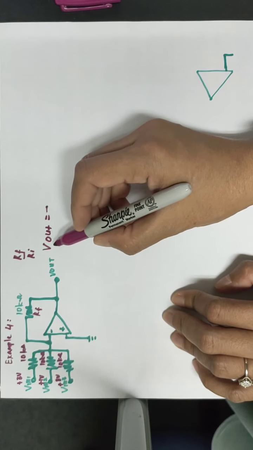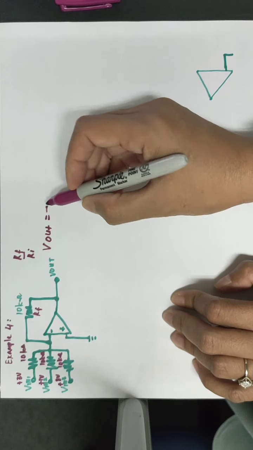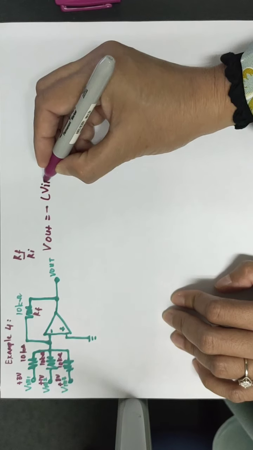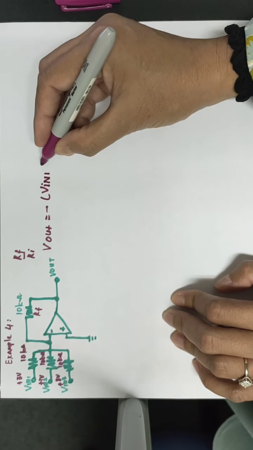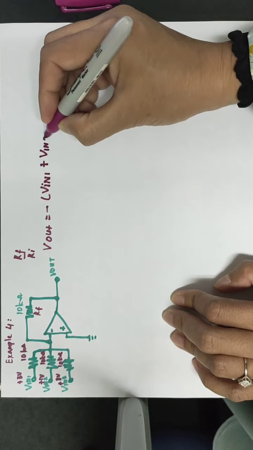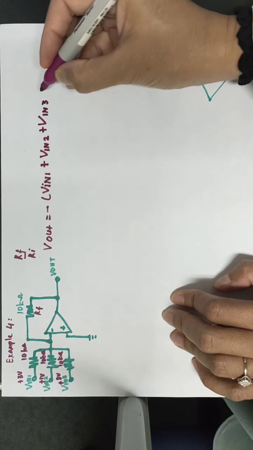V out is equal to negative (V in 1 plus V in 2 plus V in 3).